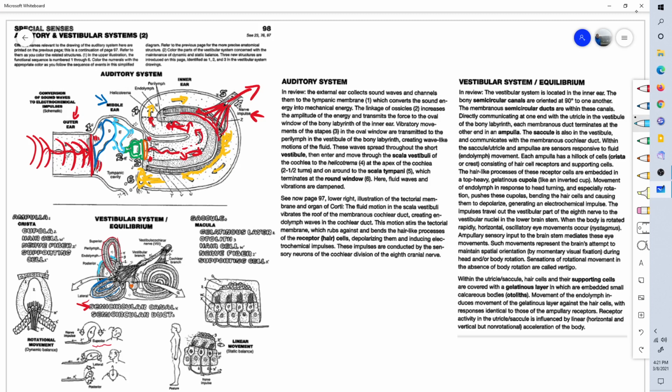Okay, enough of that. We'll leave it like this. They are 90 degrees from one another, and being 90 degrees from one another, they sense all different motions in every plane.